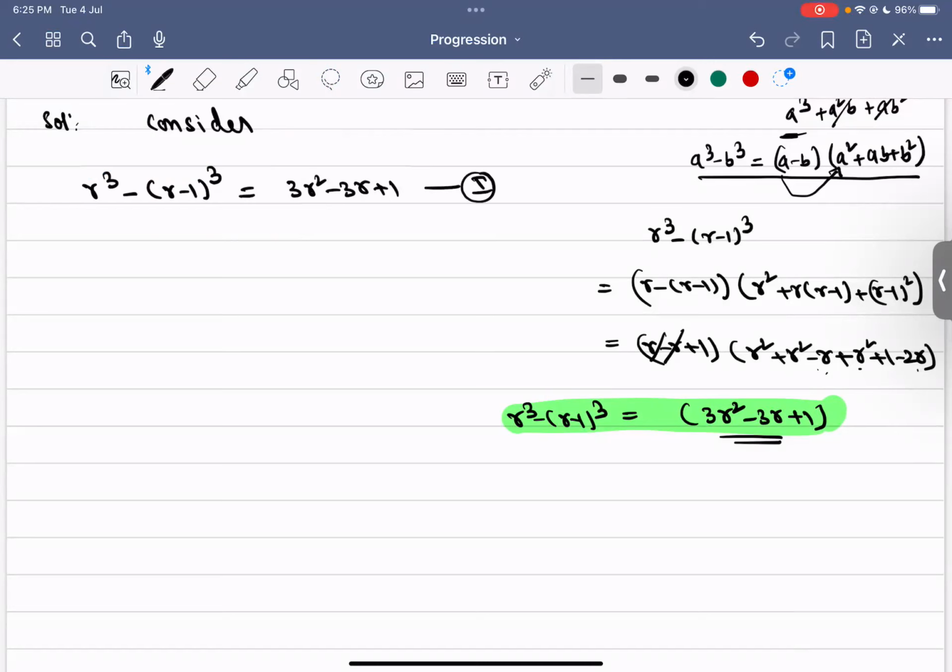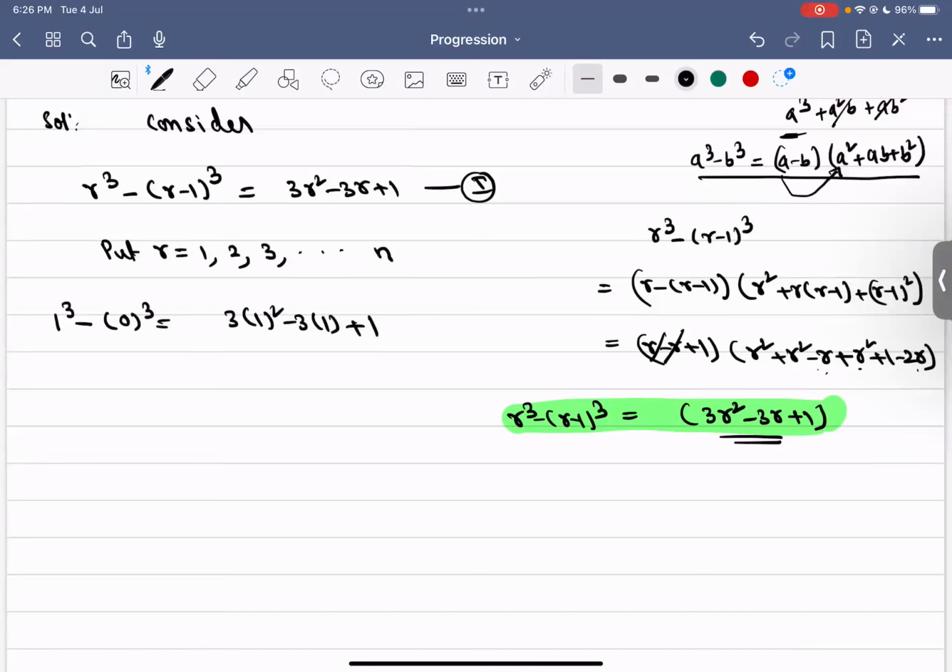Now in this first one, you put r equals 1, 2, 3, etc. up to n. If you put r equal to 1, then 1 cube minus 0 cube is equal to 3 into 1 square minus 3 into 1 plus 1.